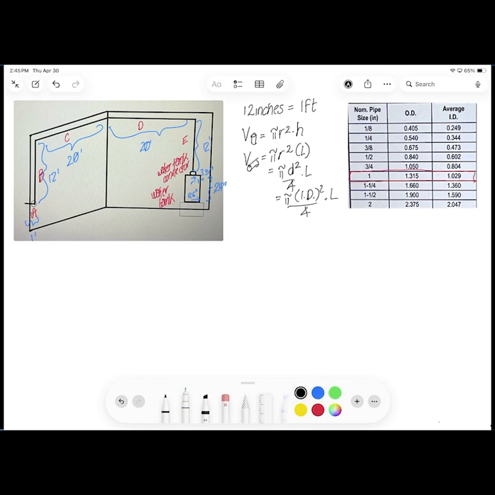So the total volume for this system is the volume of the water tank plus the volume of the pipe, which is pipe A, B, C, D, and E, plus the volume of the torus. And so where is this torus?